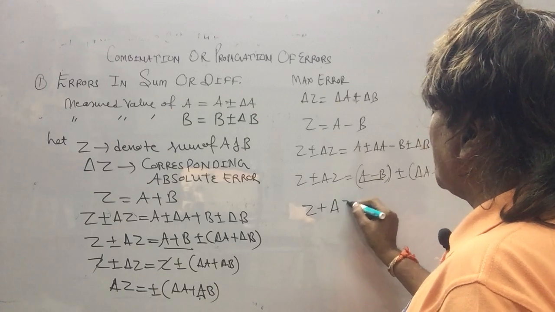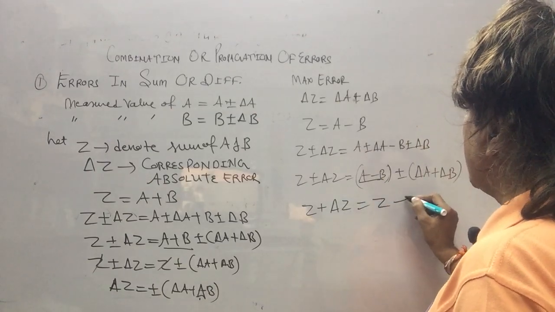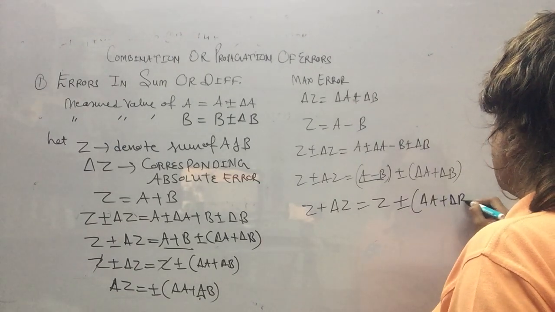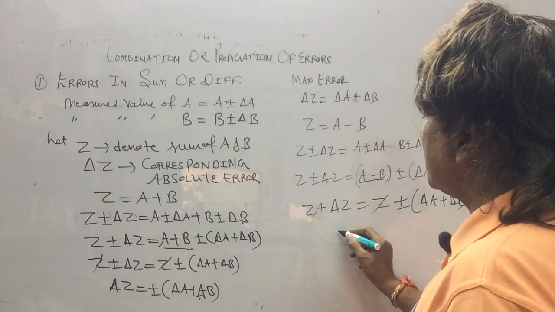Z. Yep. So this is delta A plus delta B. This gets cancelled.